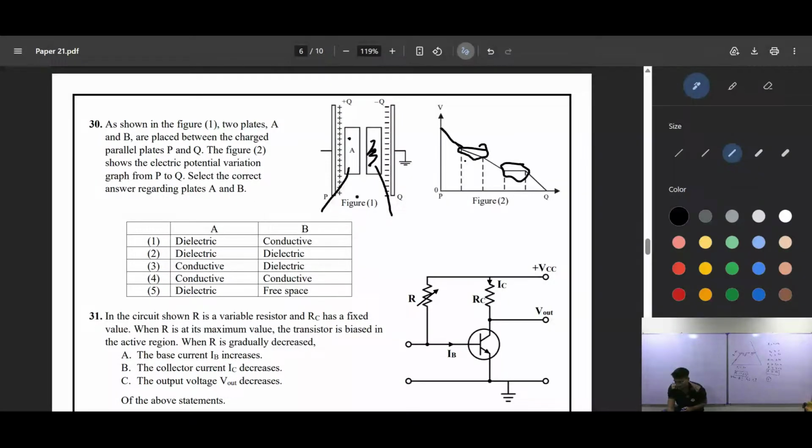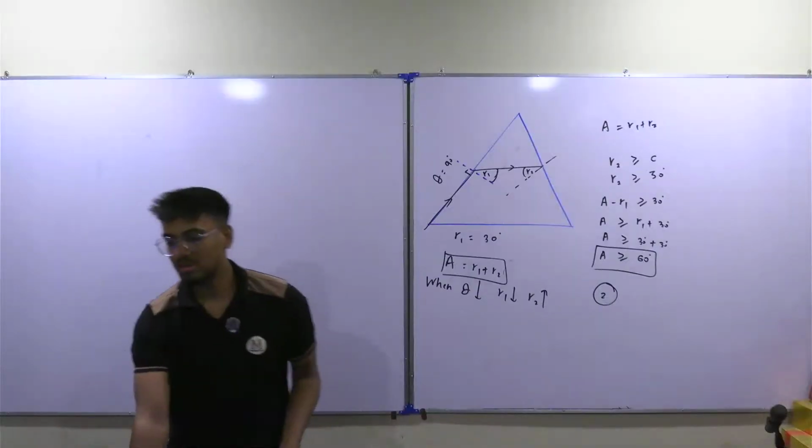So this B should be a conductor. And when you consider a dielectric medium, there is an electric field strength, so there will be a potential gradient. So this is a dielectric. Let me explain that part.